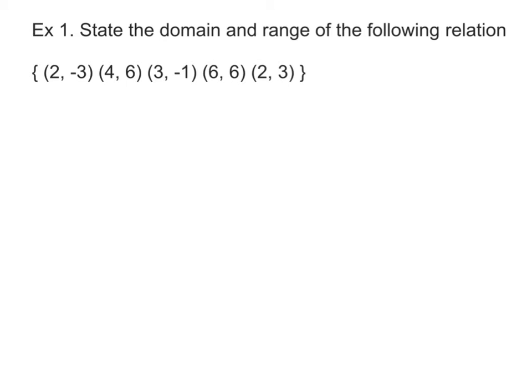All right, so now we're going to do an example. It's asked us to state the domain and range of the following relation, and it gives me 5 different points, okay? So the deal is to give the domain and range, just list the values without duplication. So we have domain, and the domain is simply, and we draw the braces, we have 2, 3, 4, and 6.